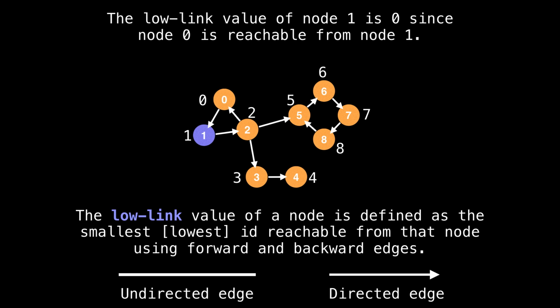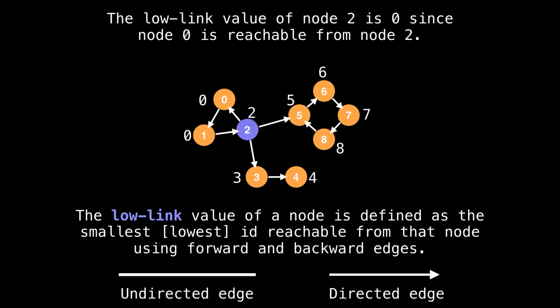If you inspect node 1, you will notice that its low-link value should be 0 because there exists a path of edges going from node 1 to node 0, and node 0 has an ID of 0. So we can update node 1's low-link value to 0.